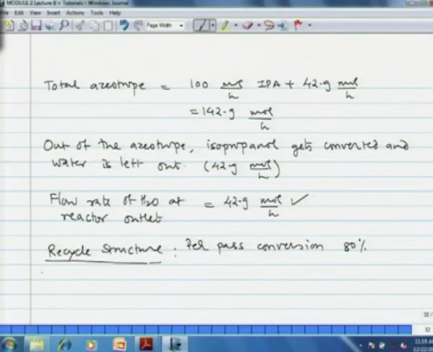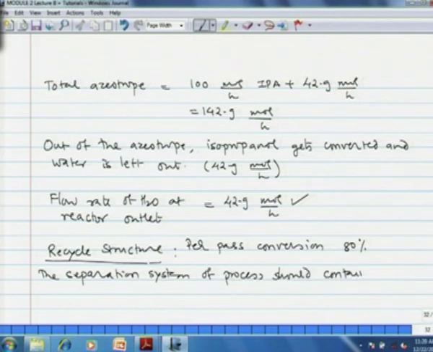Okay. So, at that point we note that the separation system of the process should contain 2 distillation columns.